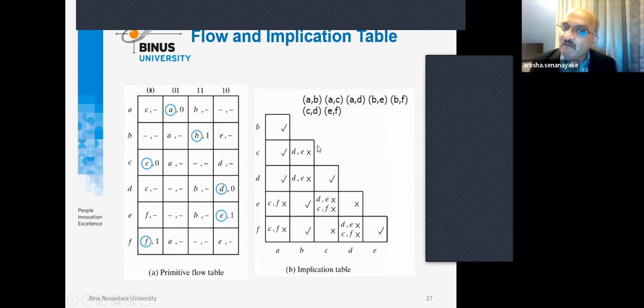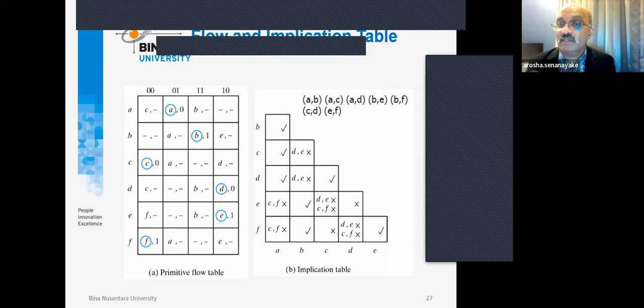In the implication table, each square can have only three things. Of course, a dependency, such as for example D comma E is a dependency, or an X, or a tick.